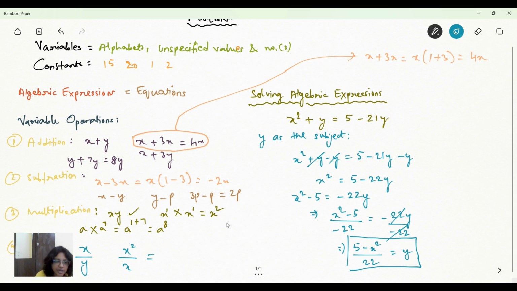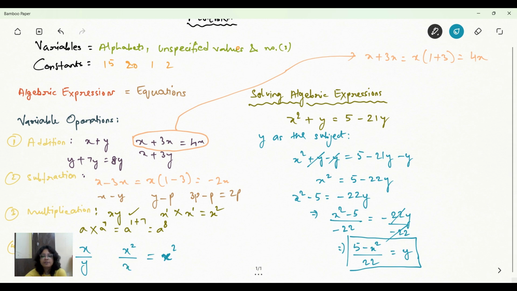In multiplication, if the variables were the same, the powers got added to each other. But here they will get subtracted. We had x raised to the power 2, and here x is present in the denominator.